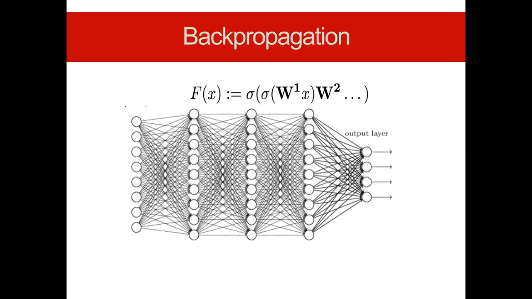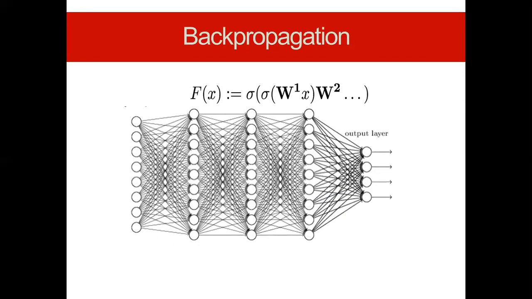We apply nonlinear functions multiple times, so overall it can be viewed as a highly nonlinear transformation. But the way we estimate parameters is the same: we write down the loss function and then take the derivative of the loss function with respect to the parameters W.